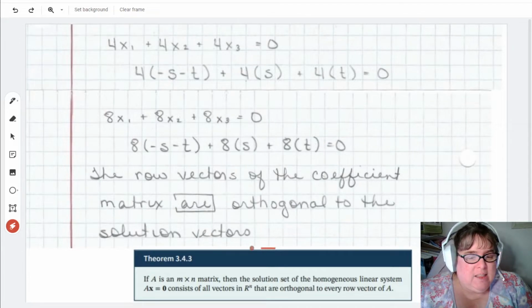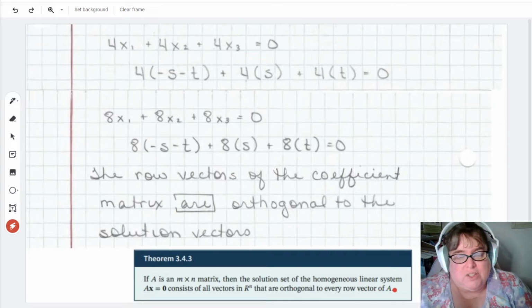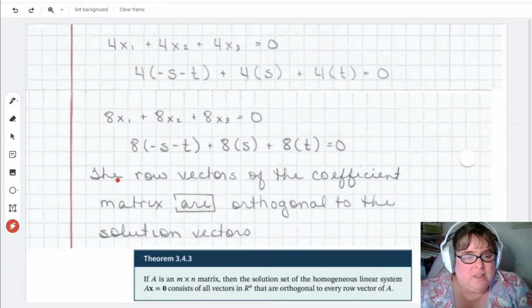The theorem says that if A is an m by n matrix, then the solution set of the homogeneous linear system Ax equals 0 consists of all vectors in Rn that are orthogonal to every row vector of A. So this means that the row vectors of the coefficient matrix are orthogonal to the solution vector.